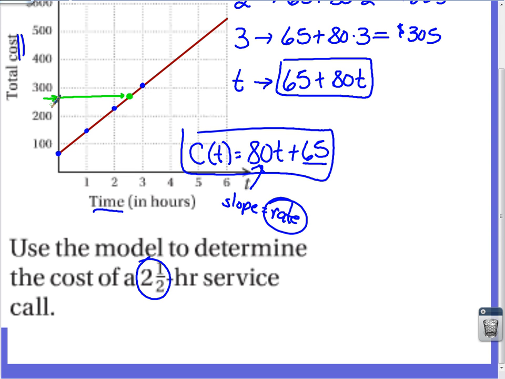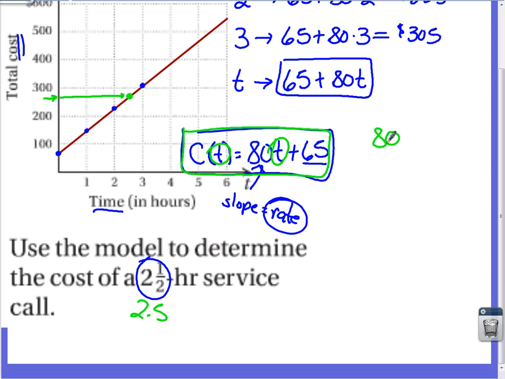But now our best bet is going to be to use this model. If we want to know how much it's going to cost for a 2.5 hour service call, the best method is going to be to plug it into this function. y equals 80 times t plus 65. So let's take out our time and let's put in 2.5 hours. So we know we're going to pay $80 for each of those 2.5 hours.